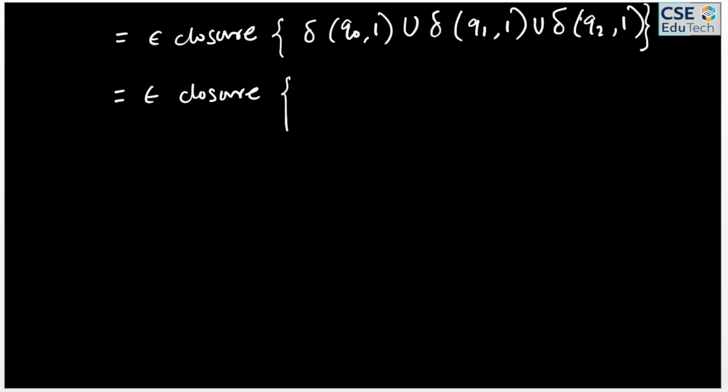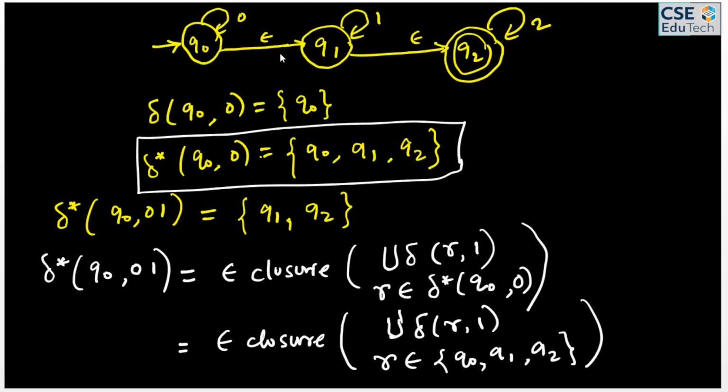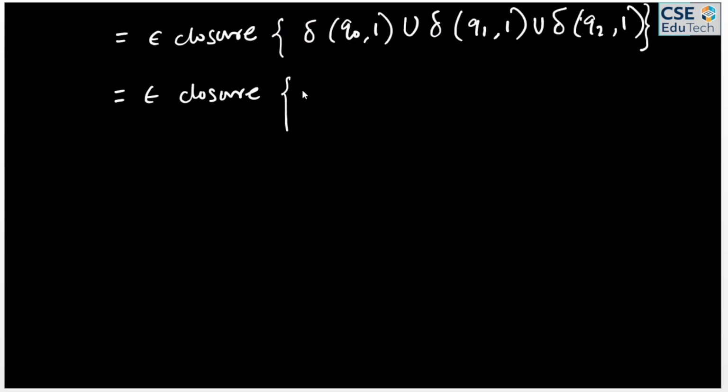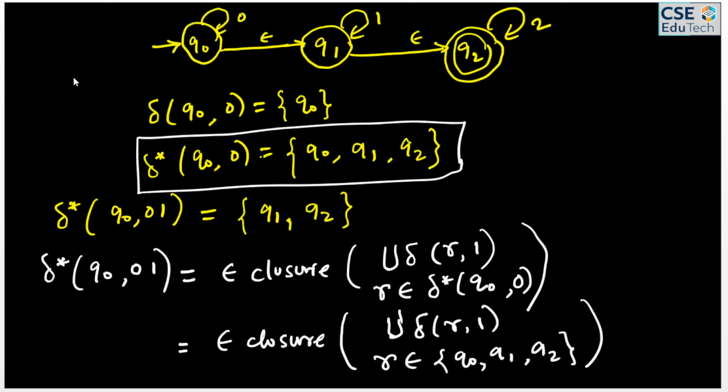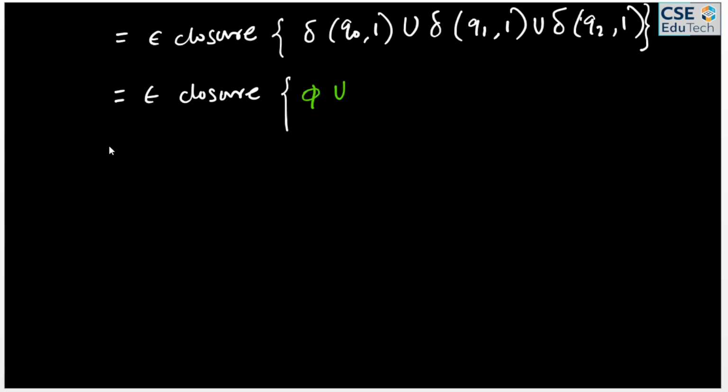Starting from Q naught after reading 1, what is the state? There are no states, so it will be empty. Union from Q1 after reading 1, the state is Q1, so we write Q1.